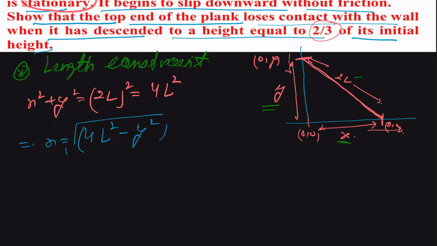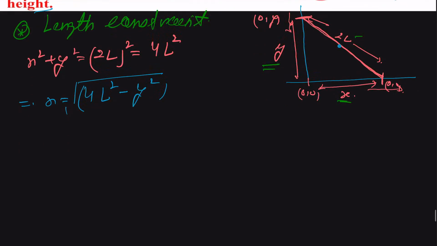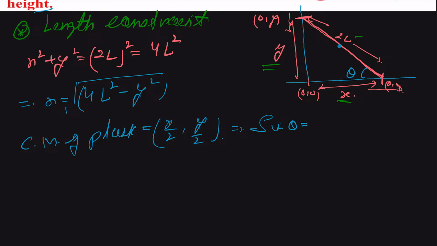The center of mass of our plank has coordinates x by 2 and y by 2. If it makes an angle theta with the floor, then sine theta is equal to y upon 2L, and cos theta is equal to x upon 2L.